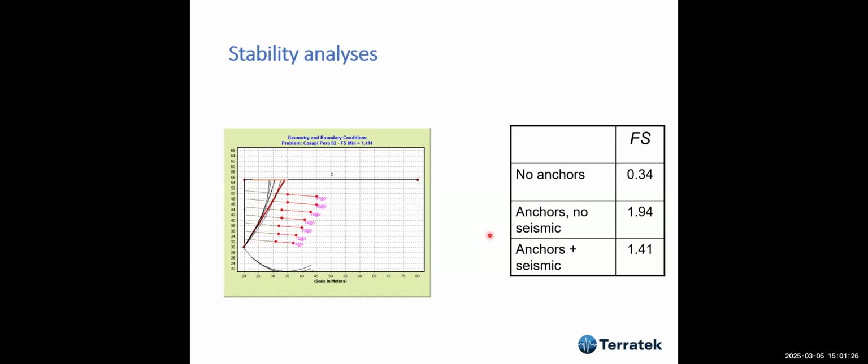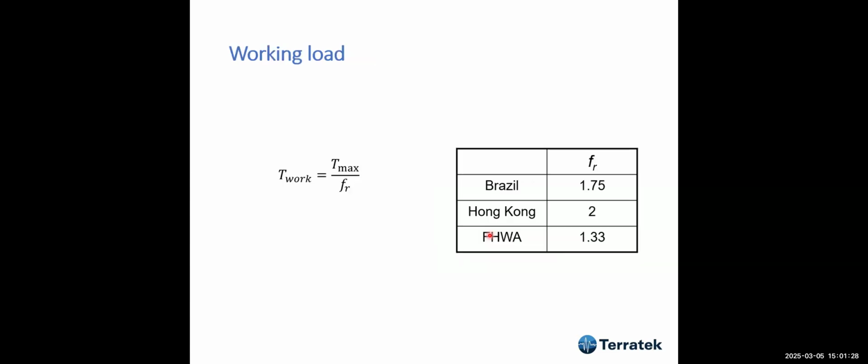design as well. And for the working load, there was a kind of discussion about what we should or should not do. The working load is Tmax divided by a reduction factor. Okay, in Brazil we use 1.75.